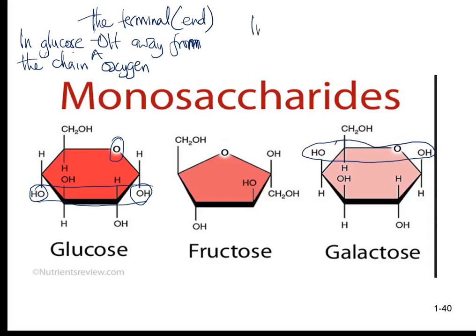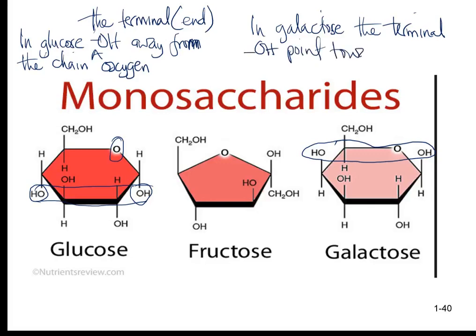So in galactose, the terminal OH point toward the chain oxygen. That's how you should be able to recognize that this one is glucose and this one is galactose.